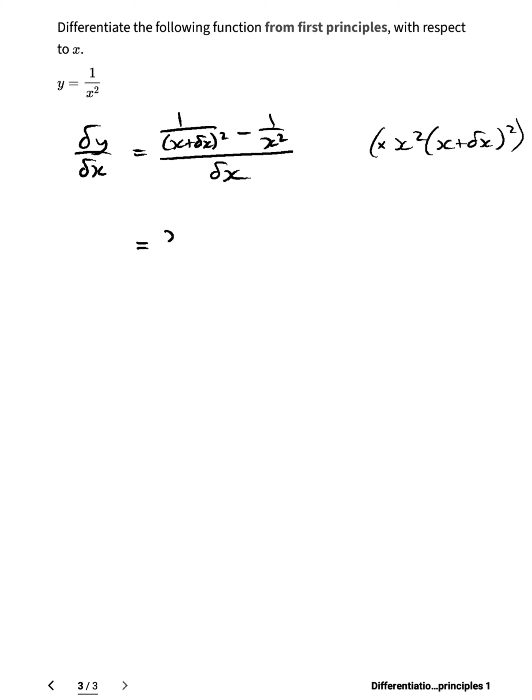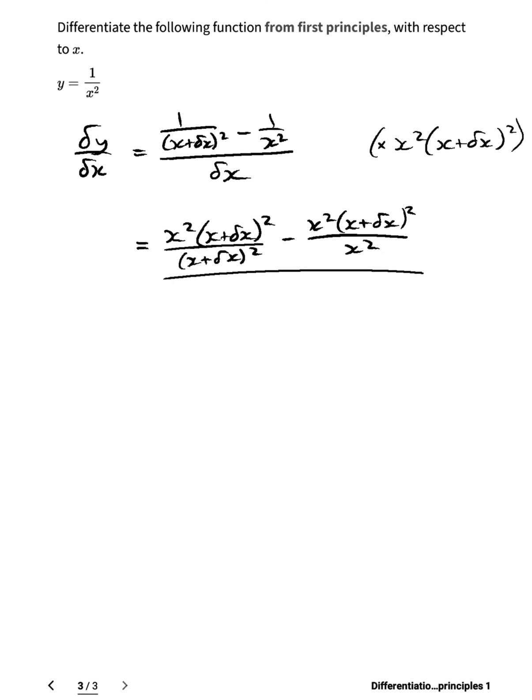So I'll write down the middle step as well. So we got x squared times this all squared over this all squared minus the same thing, and then all of that divided by delta x.